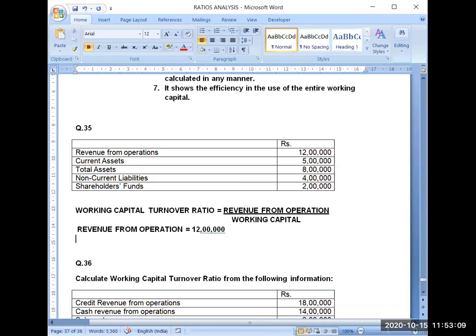And now I need to calculate working capital. Working capital is current assets minus current liabilities, but current liabilities are not given here. Total assets are given, shareholder fund and non-current liabilities are given. So if you remember the balance sheet, you will be able to calculate current liabilities. Current liabilities is equal to total assets minus shareholder fund minus non-current liabilities.